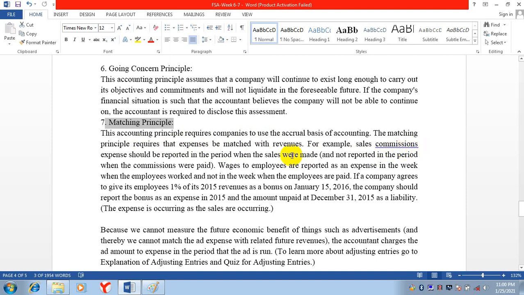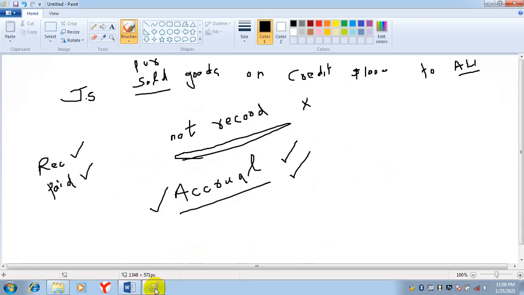For example, sales commission expense should be reported in the period when the sales were made and not reported in the period when commission were paid, just like I told you. Suppose we sold goods on credit in December 2019.